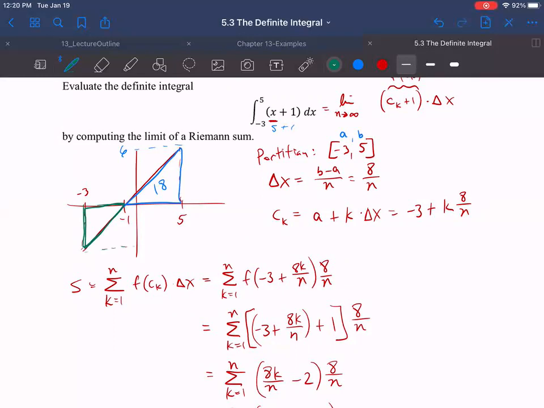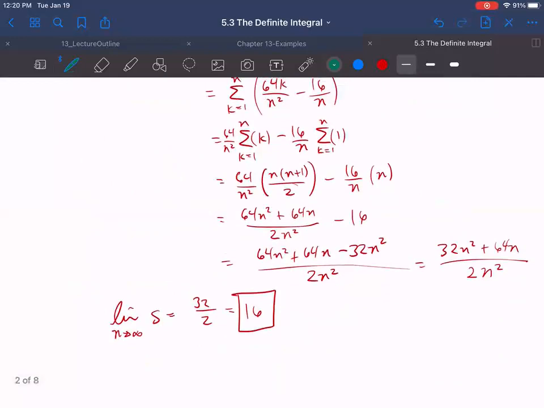So we have a base of 2 and a height of 2. That's 4, and then half of that is 2. And so that's essentially a -2, right? Because it's below the x-axis. So what's 18 plus -2? 16. Awesome.